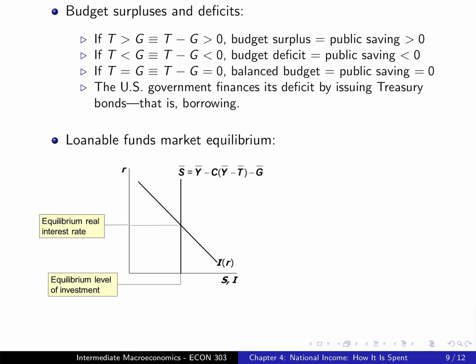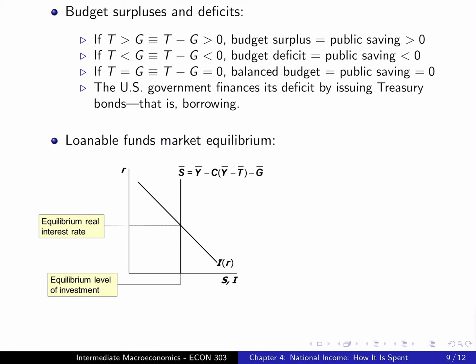If T is less than G, then T minus G is less than 0. The government runs a budget deficit. This implies negative public saving. If T equals G, then T minus G equals 0. This is a balanced budget, and public saving equals 0.